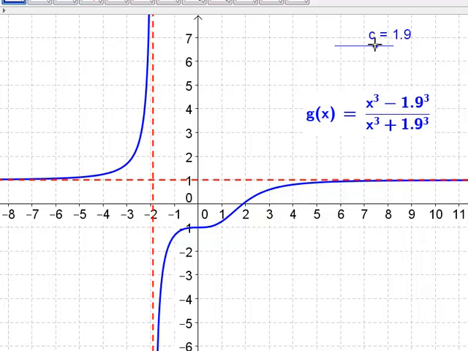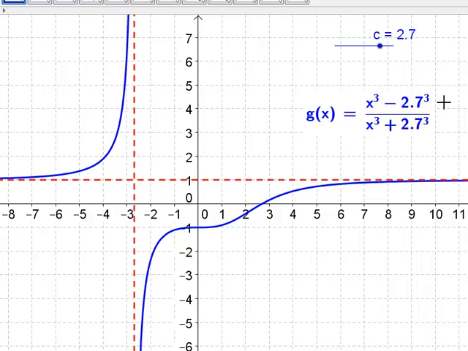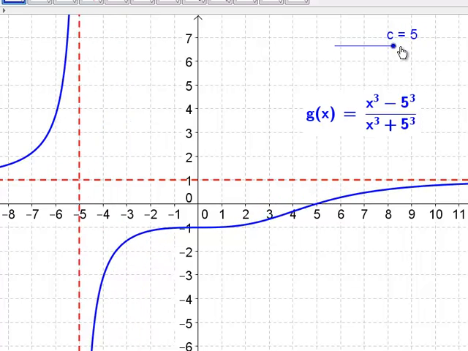And notice that I have c set to 2 right now, and therefore the vertical asymptote is at x equals negative 2. If I change the c value, which is one of the benefits of GeoGebra, it makes that very easy, I see that the vertical asymptote is now at negative 3. So we get a sense of what this function looks like.